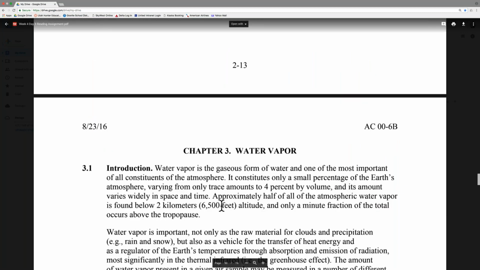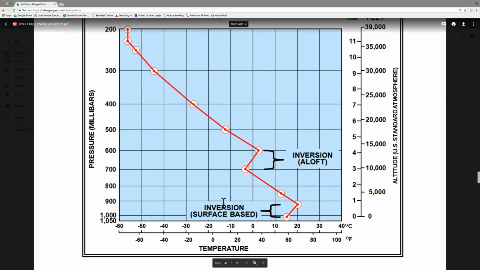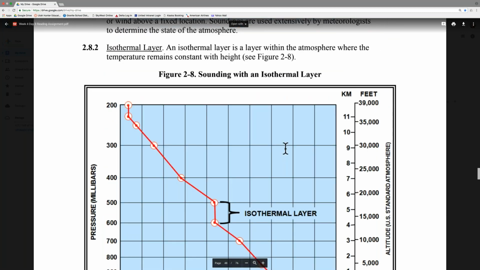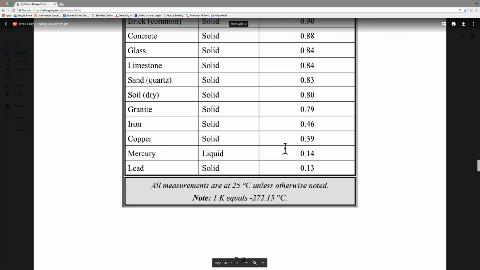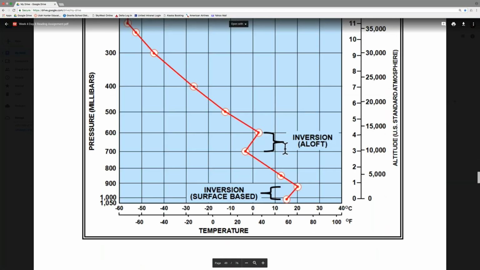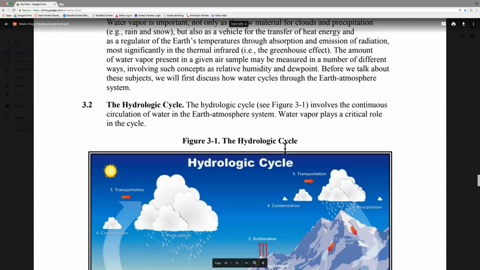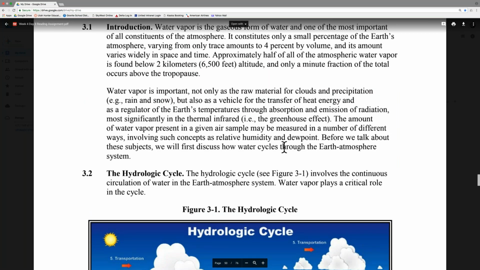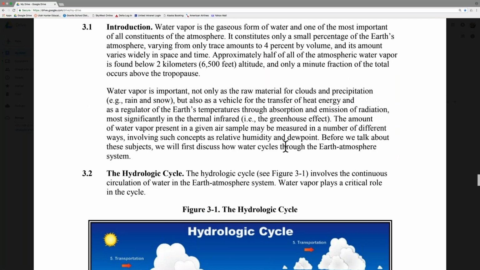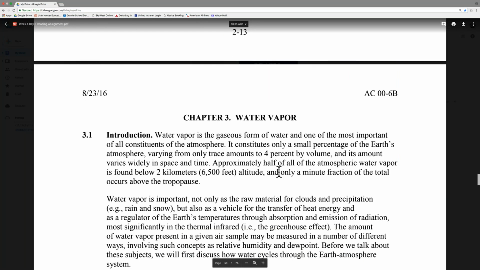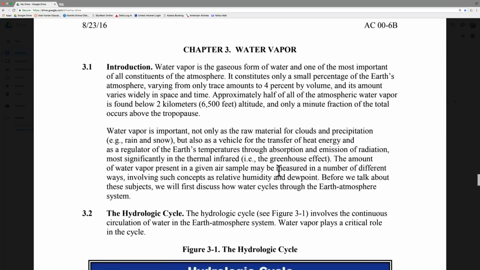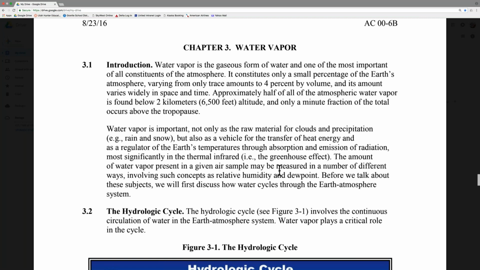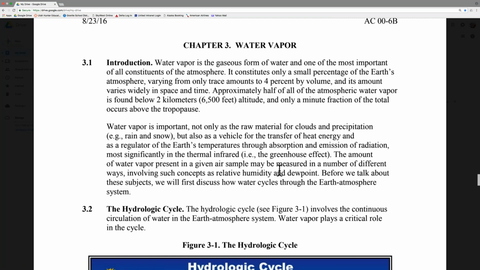So let's talk about water vapor. We've talked about the thermal, the heat transfers, things like that. The other thing that we need to develop clouds and storm systems is water vapor. It's the gaseous form of water and one of the most important of all constituents of the atmosphere.